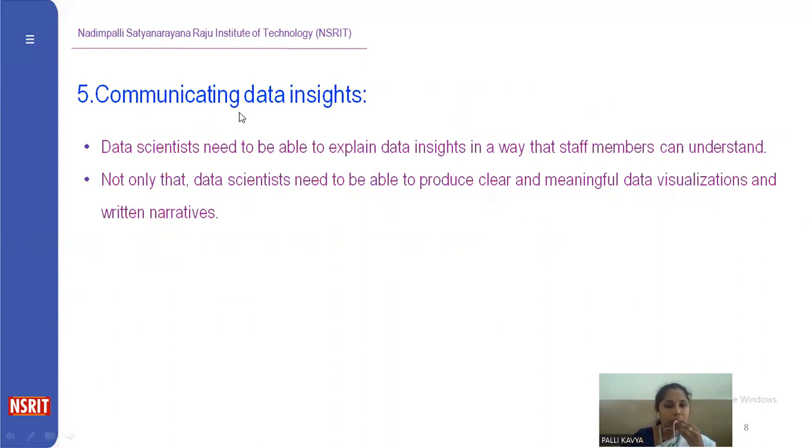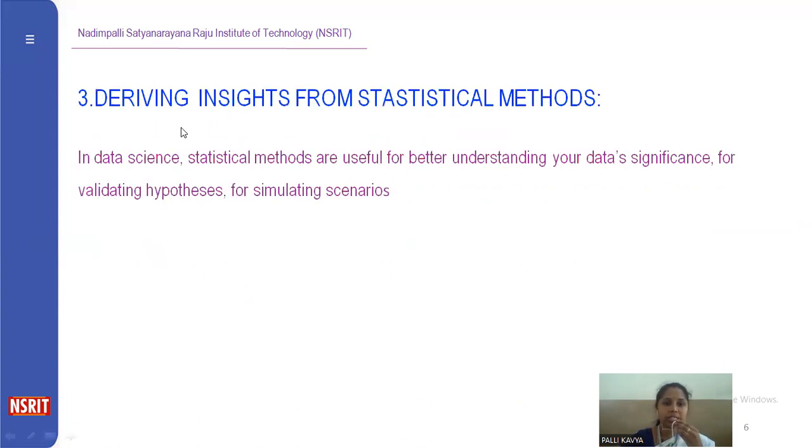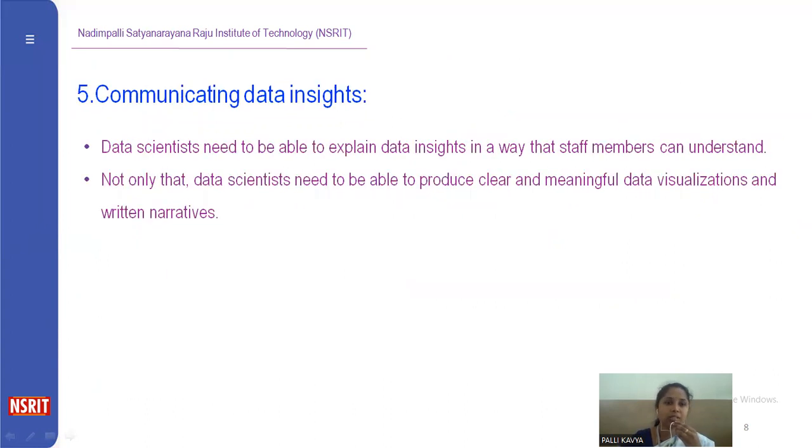And next one is communicating data insights. In the previous slides, we discussed collecting, querying, and consuming data, as well as mathematics, statistics, and the coding part. The last one is communicating data science. Data scientists need to be able to explain data insights. Insight is nothing but understanding.